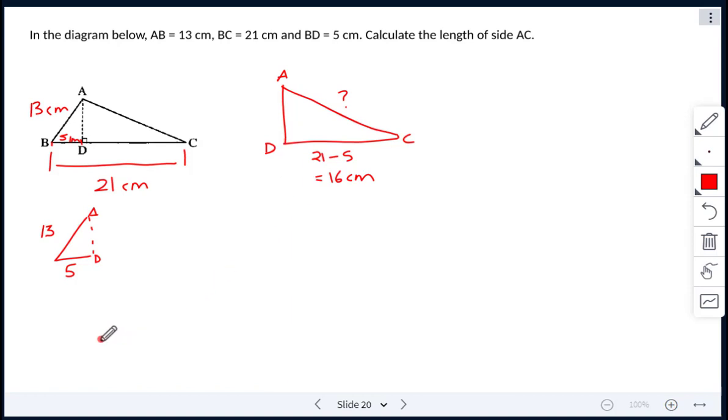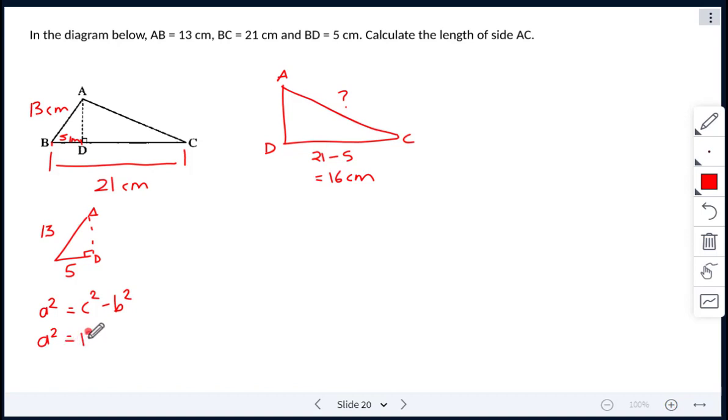All right, so it's a side. It's one of the legs. So we already have the hypotenuse and we have the base, so we're solving for altitude. So A squared is equal to C squared minus B squared.